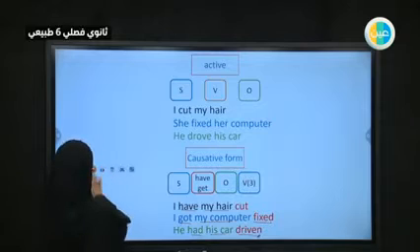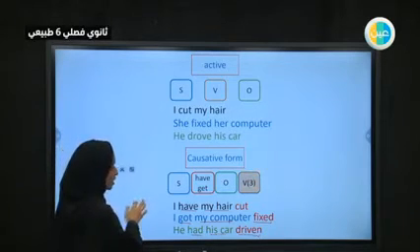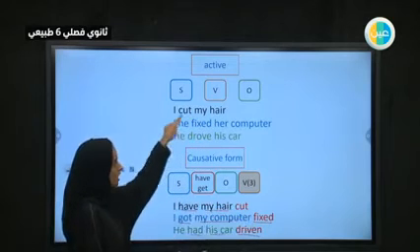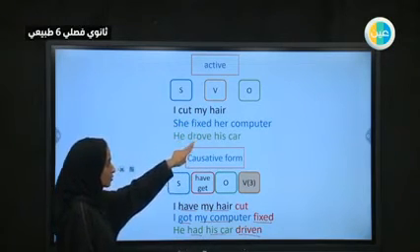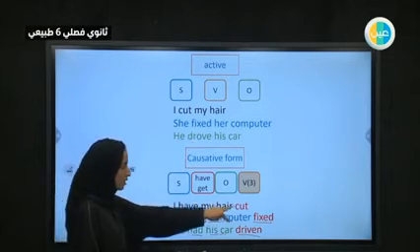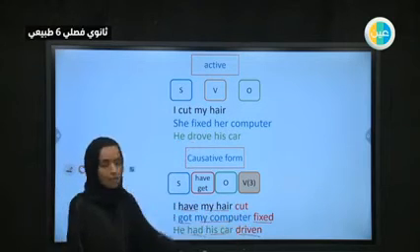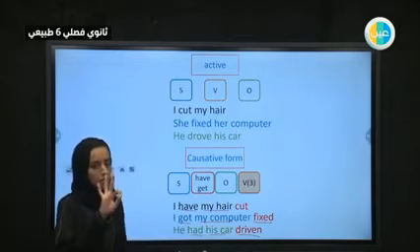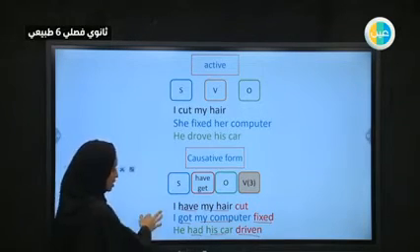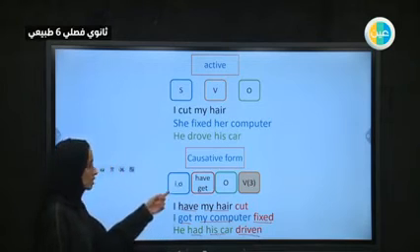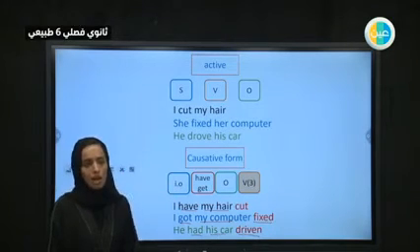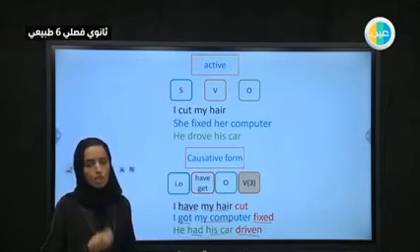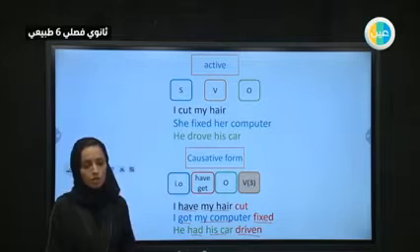So what did we do here? You have to focus that the verb is different than cut, different than fixed, and different than drove. Here we have cut, fixed, and driven. All of these are verb number 3, which is past participle. You can change this one; it is just the name. I have my hair cut. You are the receiver of the action, so you are the indirect object.